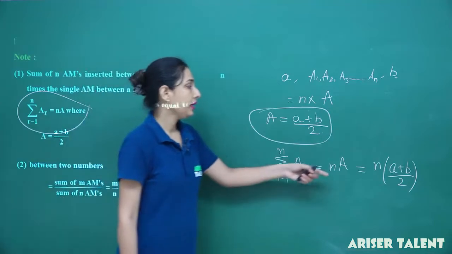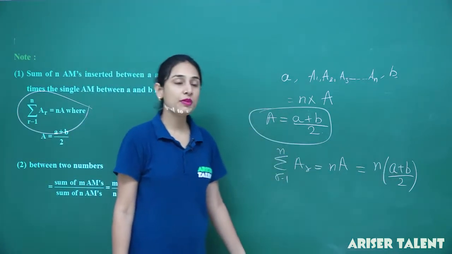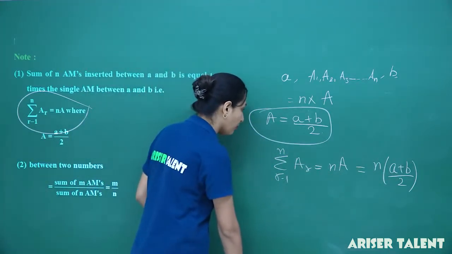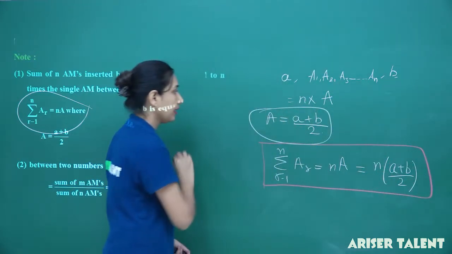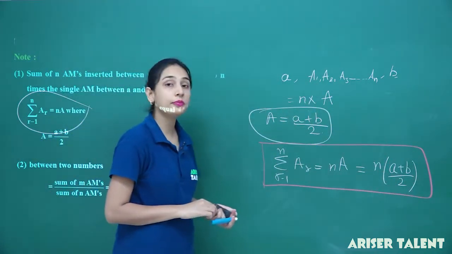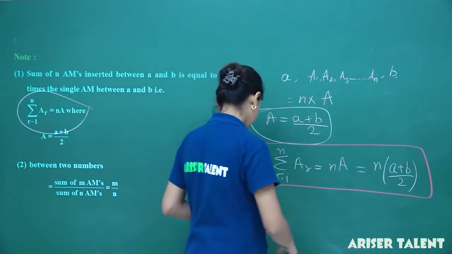We can put A equals to (A plus B) by 2. So this is our formula. Right students, note this formula, this is an important formula.